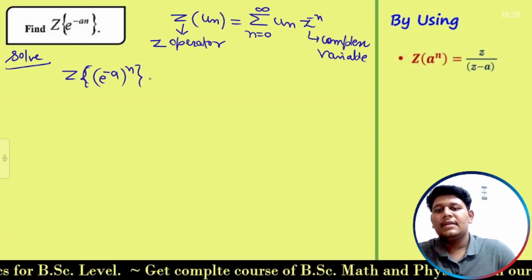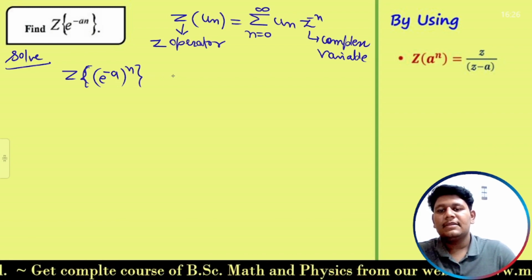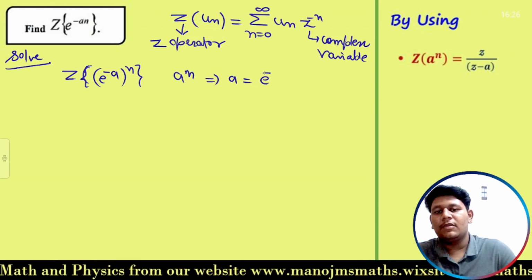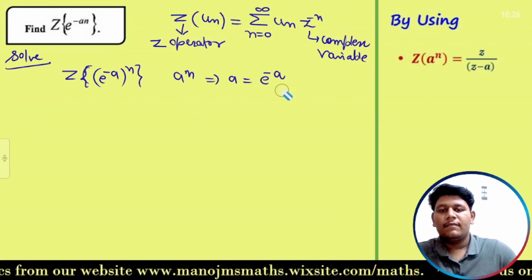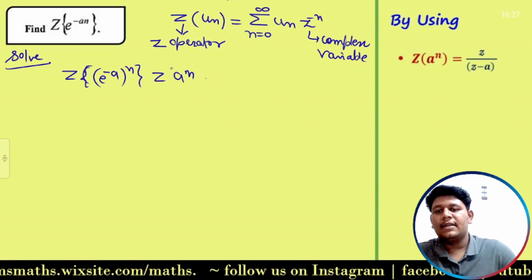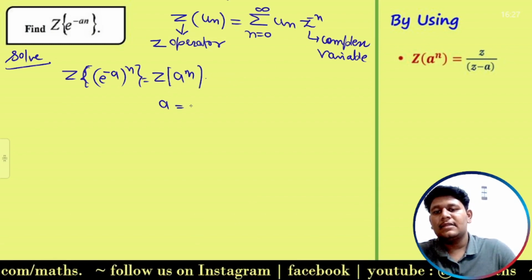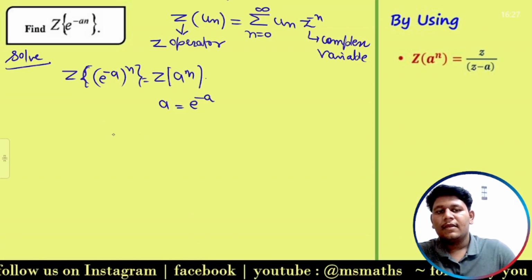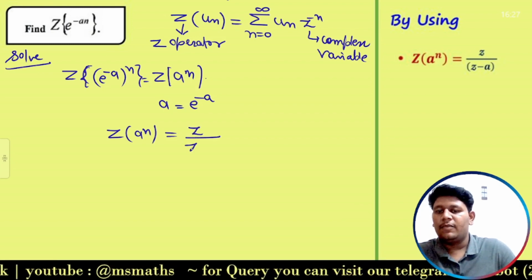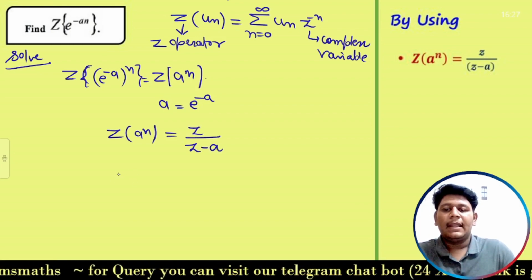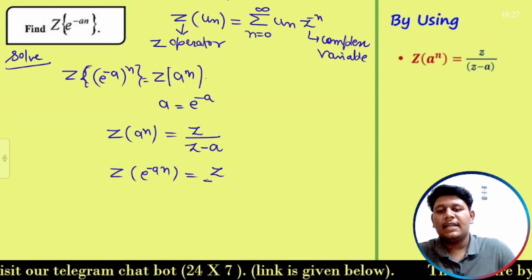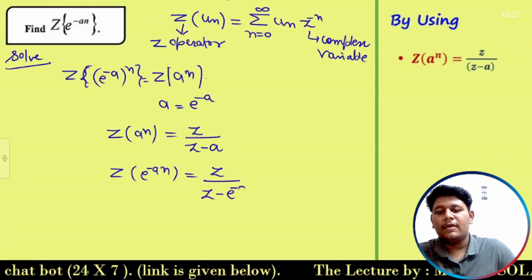On comparing, a power n, a is nothing but e to the power minus a. Then we know that the Z transform of a power n is z upon z minus a, and the Z transform of e to the power minus an is z upon z minus e to the power minus a.